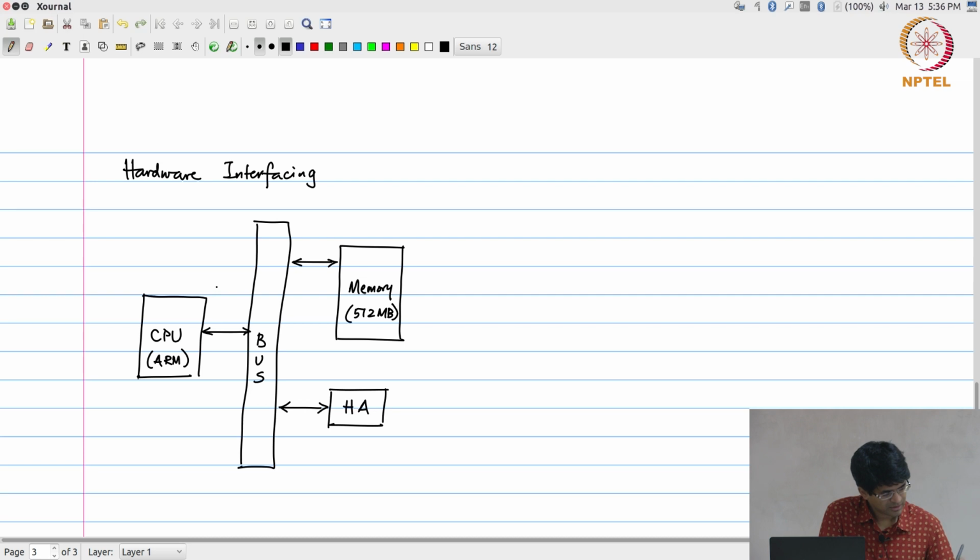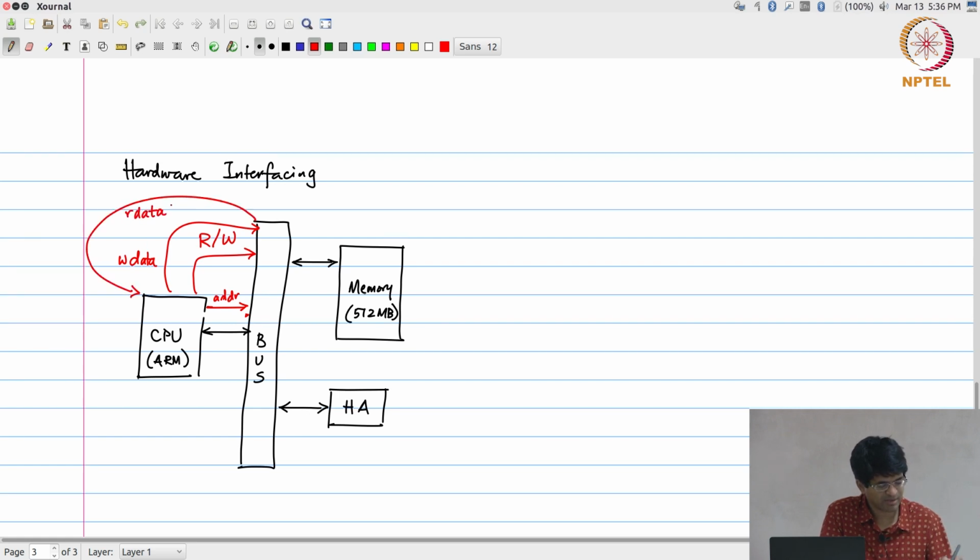So, the address would go from here. I would also probably have some kind of a read write enable signal, and for simplicity we will think of it as there is a data write, W data, and another R data, which is the read value which is coming back from the bus.